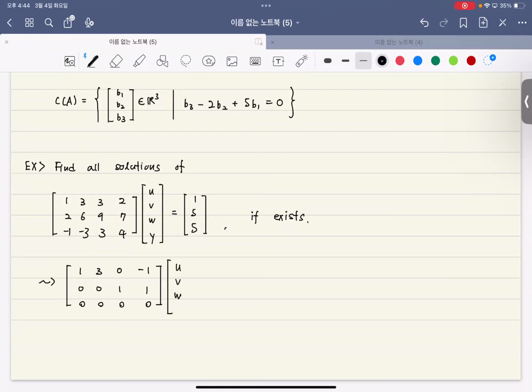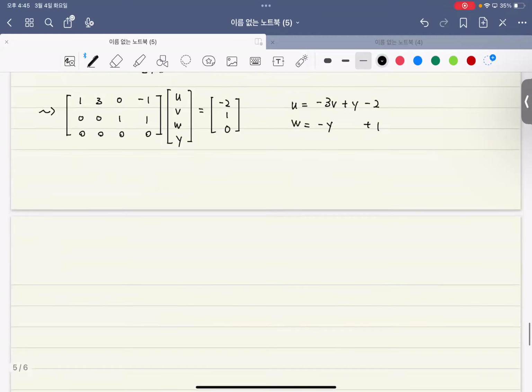With U, V, W, Y, say, this is -2, 1, and 0. So U is -3 times V plus Y minus 2, and W is -Y plus 1.